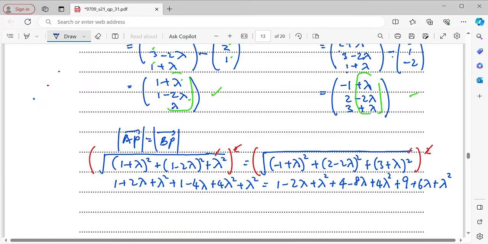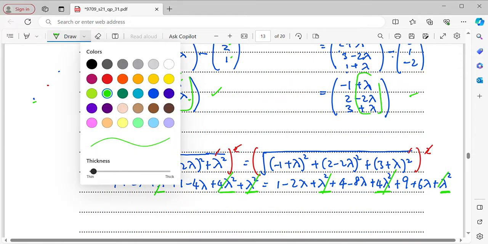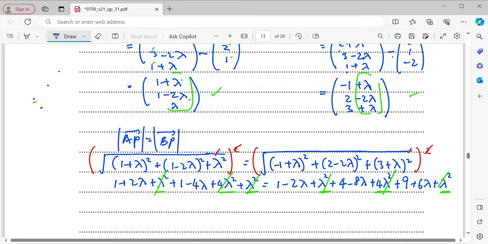Okay, so now when you check the left and right side, here I have lambda squared, 4 lambda squared, and lambda squared. Same goes to the left side, exactly the same, which means all this will be cancelled off. Before I move the terms to the left hand side, probably I will simplify first, then it will be easier.